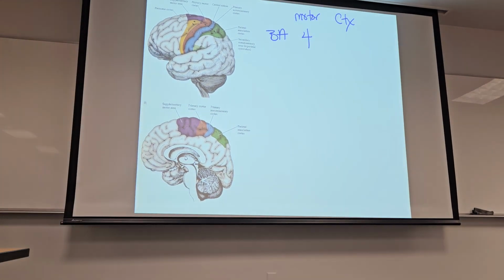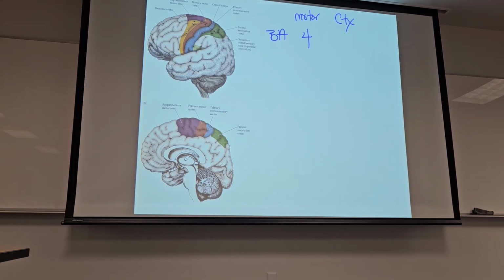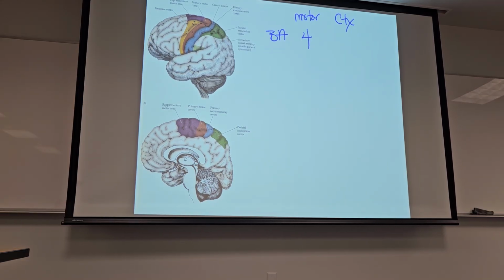Okay, so that's our primary cortex. We also have a motor association cortex. These are Brodmann's area 6, and we divide 6 into the lateral part of 6, which is called the premotor cortex. And then the medial, and this is called the supplementary.